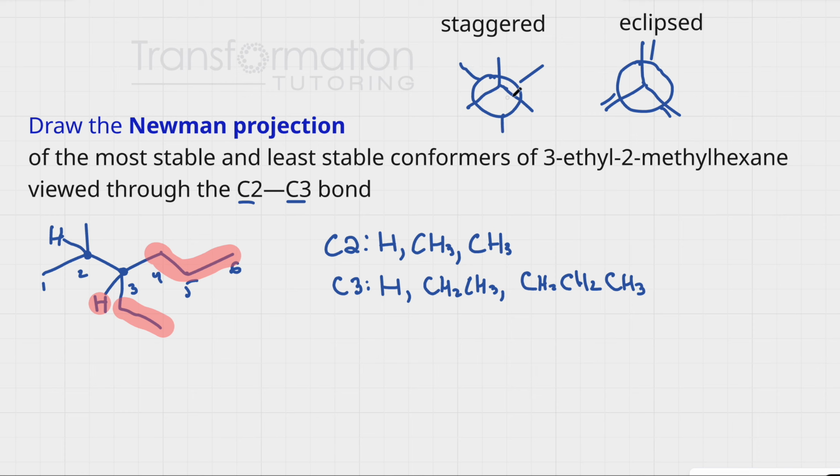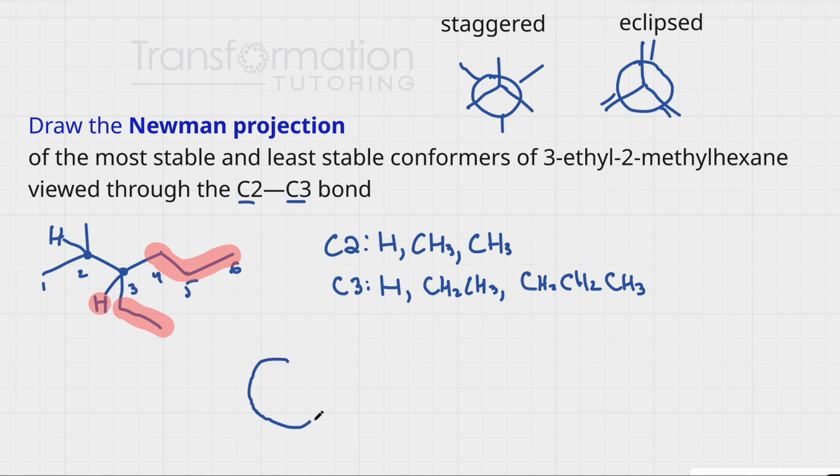They do not bump into each other, and that's what makes it more stable. This conformation is called staggered. There is another conformation where we can rotate around the bond and the groups on the 2 carbons will be right next to each other, right underneath each other. This conformation is called eclipsed, and it is least stable.